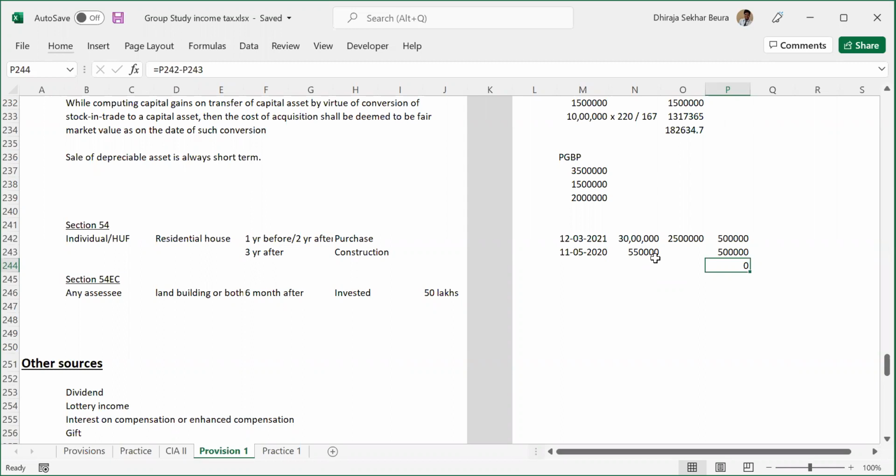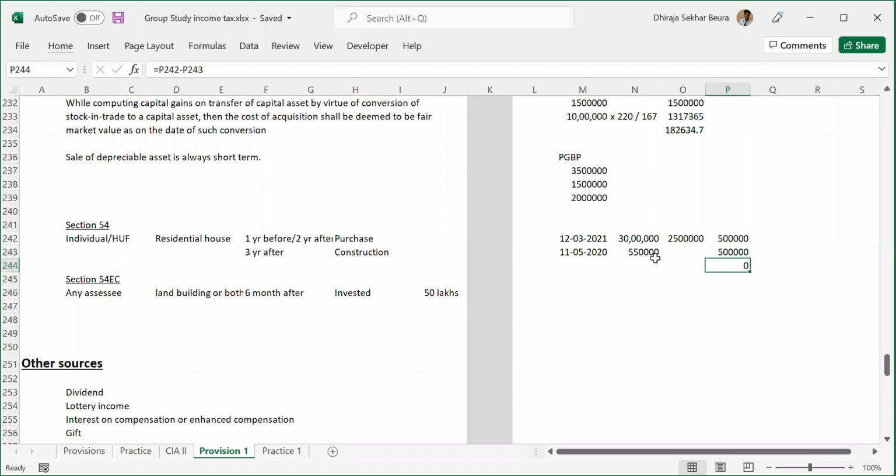People find loopholes here and there. They originally sold one residential house, and whatever capital gain they earned, they purchased another residential house to take the benefit. But 2 months after that, they sold that property also.